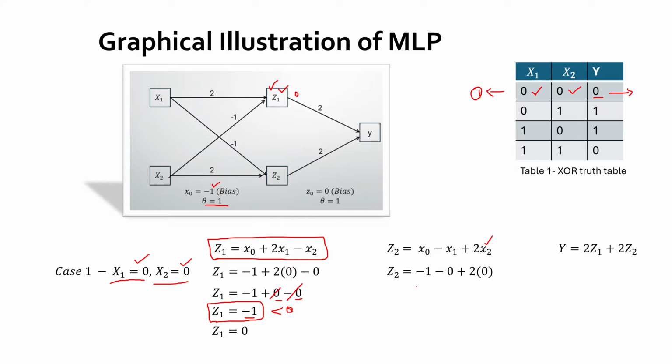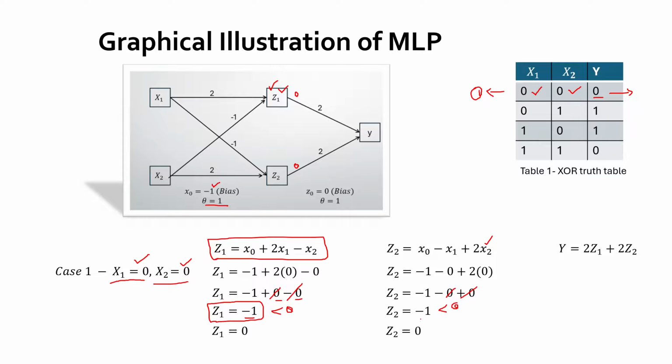So in this case it is -1 minus 0 plus 2 of 0, which is 0. So this cancels. At the node z2, the calculated weighted summation is equal to -1 and it is less than the threshold theta. So it will also output a value of 0.